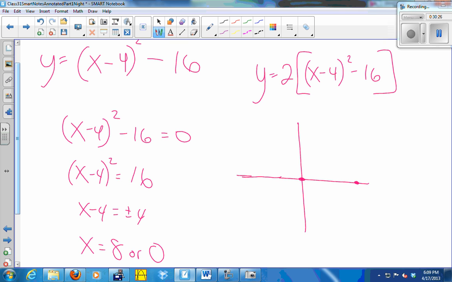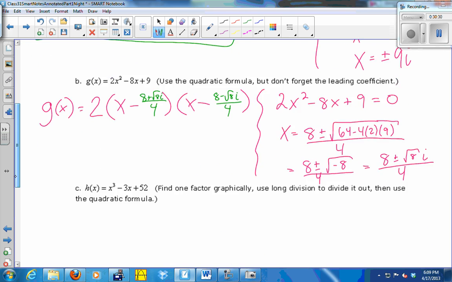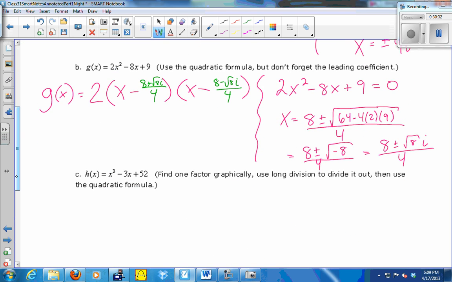So a vertical stretch by a factor of 2 isn't going to change the zeros, isn't going to change the x-intercepts. Or think of it this way: when you write this equation equals 0, I could divide both sides by 2, and I would get x squared minus 4x plus 4.5 equals 0, which is an equivalent equation. So solving this one and solving the one you suggested are the same. So you can do it either way.